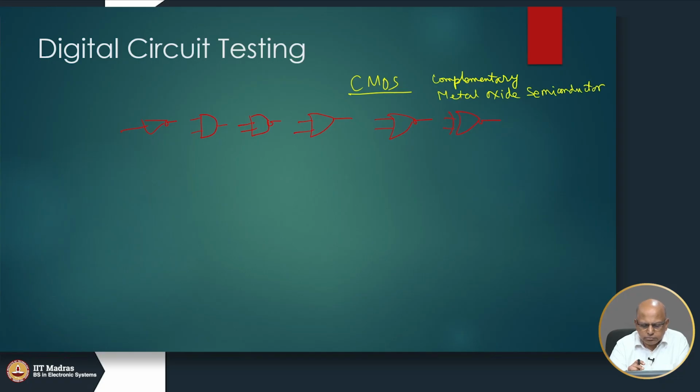So, MOS stands for metal oxide semiconductor, and CMOS stands for complementary MOS. That means it includes both NMOS and PMOS transistors.